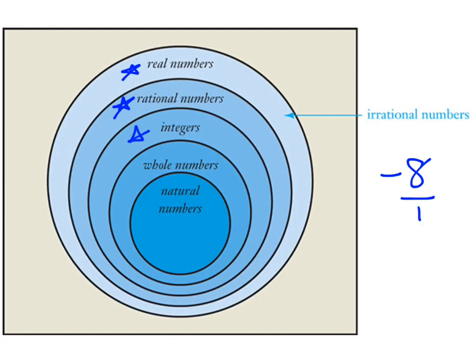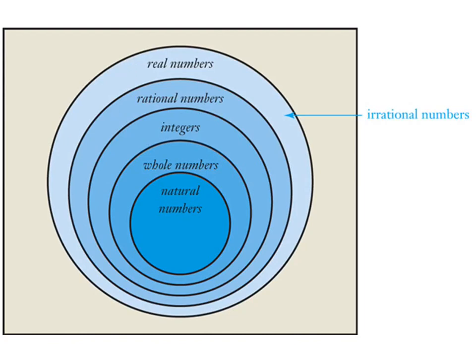It is an integer, but it's not whole. It's not 0, 1, 2, 3, and so forth. So if I'm trying to decide what to call the number -8, I would just choose the innermost circle here, and I would say that -8 is an integer.